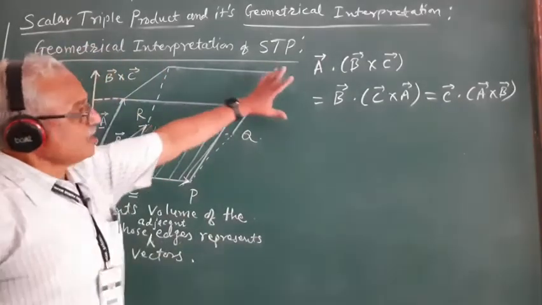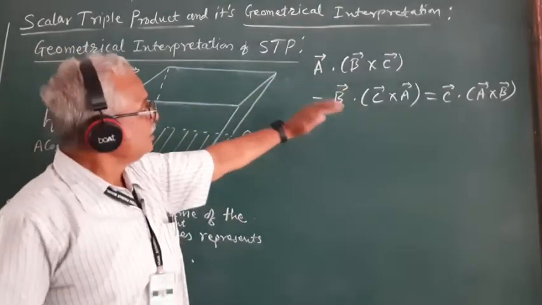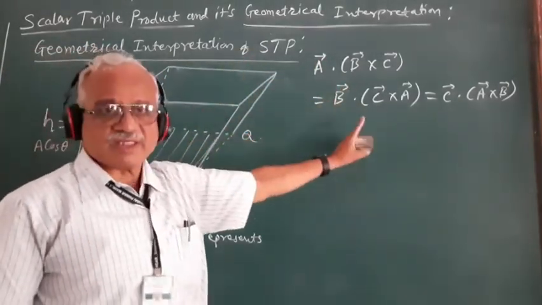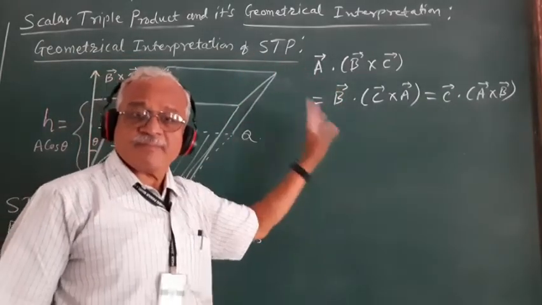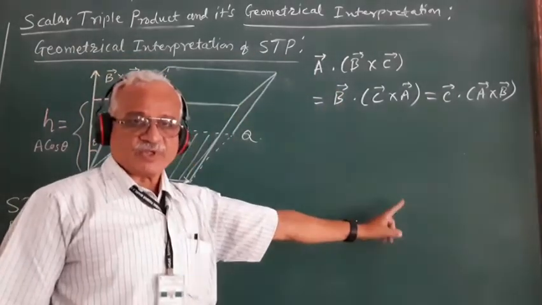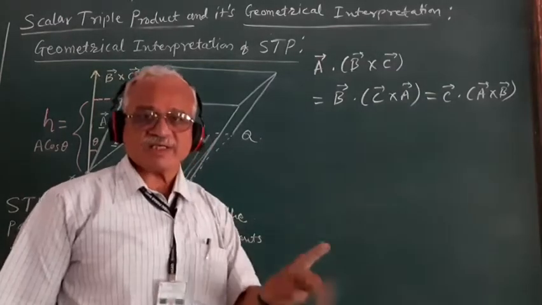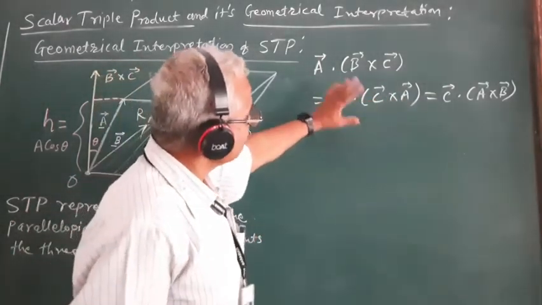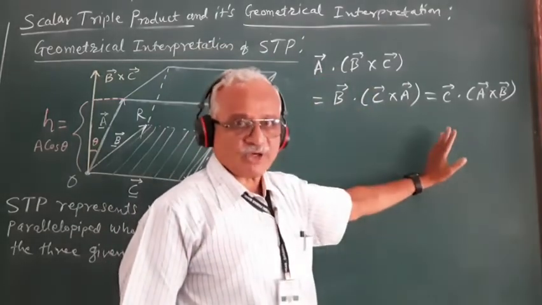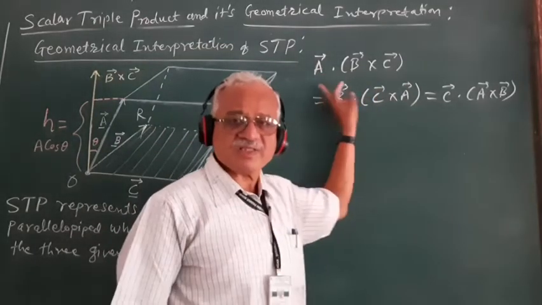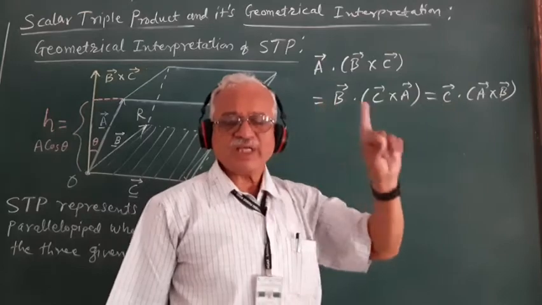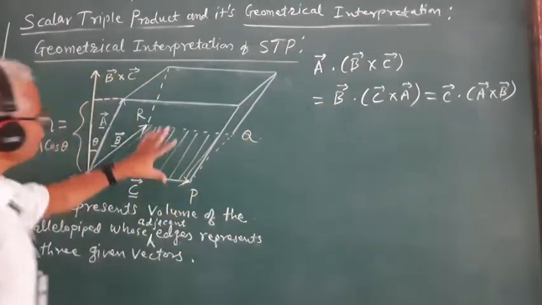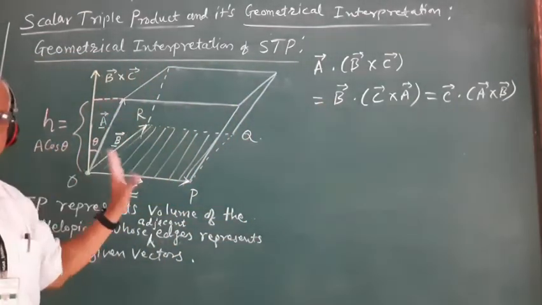So this is how we can express the scalar triple product of the three vectors by maintaining the order of the vectors. If the order of the vectors is maintained, then we get the same scalar triple product. And all these three scalar triple products represent the volume of the same parallelepiped.